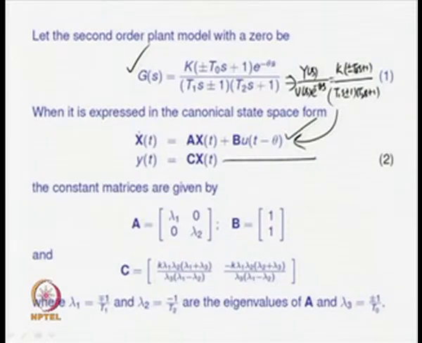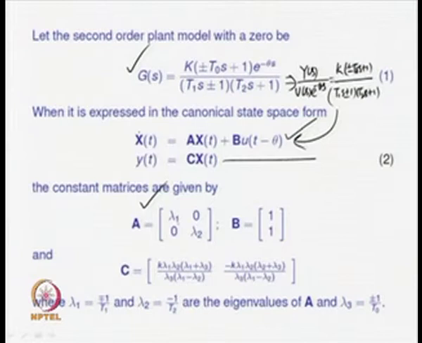Now, the A, B, C constants of the state and output equations are given as A in diagonal form as [λ1 0; 0 λ2], B as [1; 1], and C as [Kλ1λ2(λ1+λ3)/(λ3(λ1−λ2)), −Kλ1λ2(λ2+λ3)/(λ3(λ1−λ2))], where λ1 = ∓1/T1, λ2 = −1/T2, and λ3 = ±1/T0.